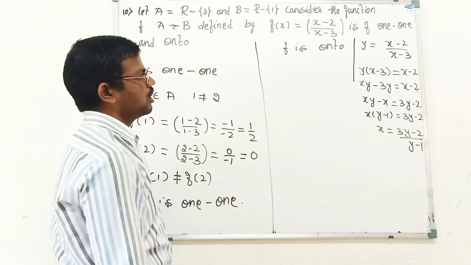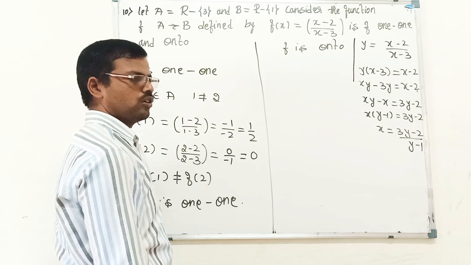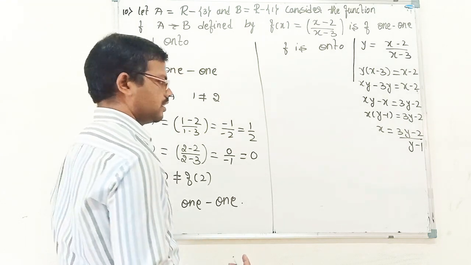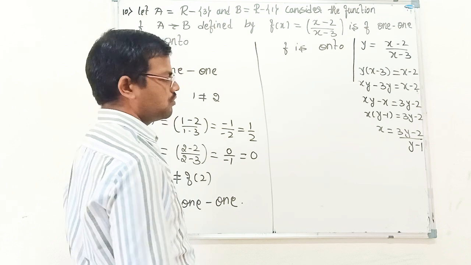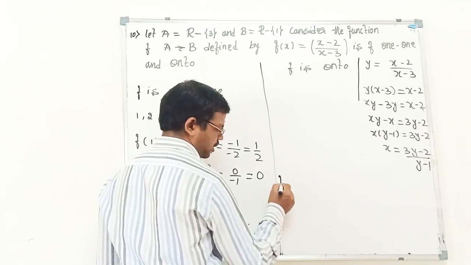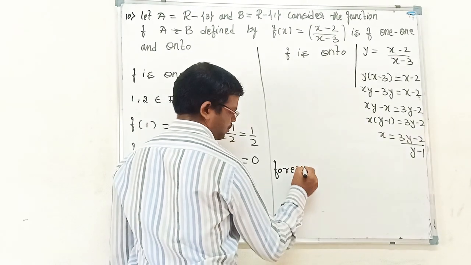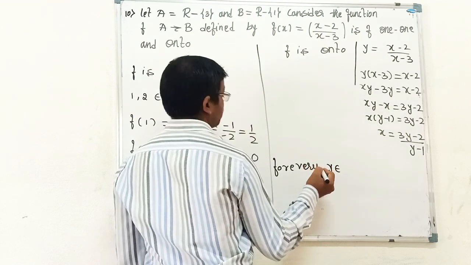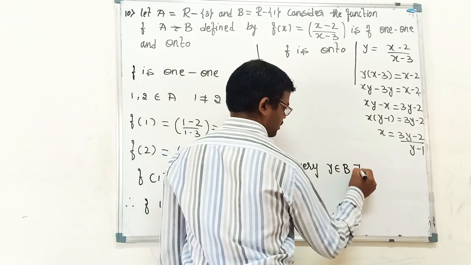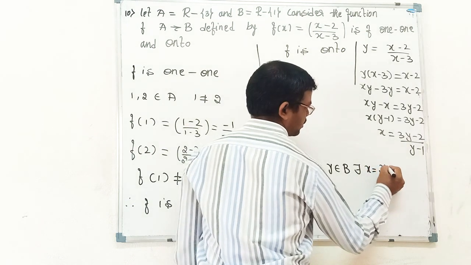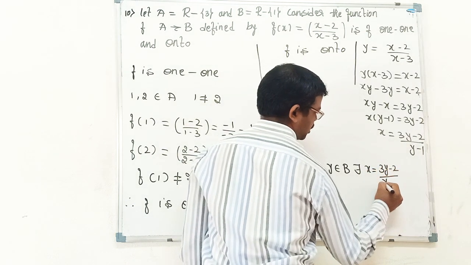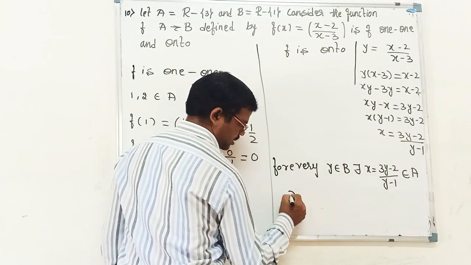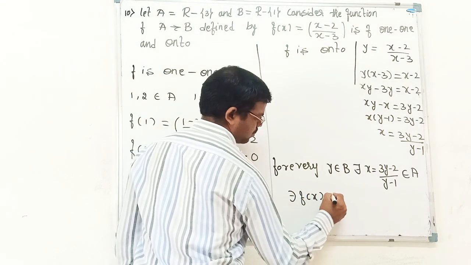So for proving the onto function, this we must follow if we have an actual definition of the given function which is possible to convert. Otherwise, we have to use the range of the function. So first, for every y belongs to B, that is the codomain, there exists x is equal to 3y minus 2 divided by y minus 1, which belongs to A, such that f of x is equal to y.